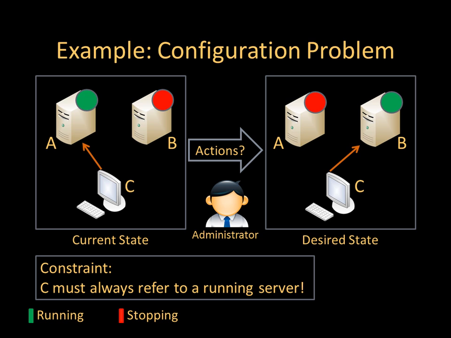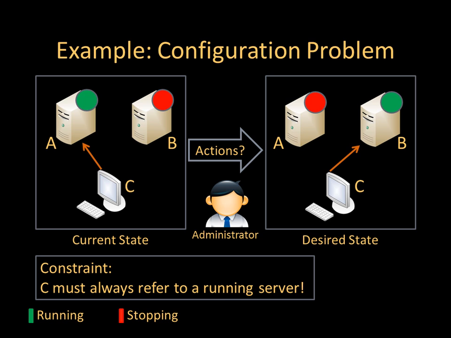That is, A is stopping, B is running, and C is using the same type of service in server B. But in implementing the changes, sysadmin must satisfy the constraint, which is C must always refer to a running server.